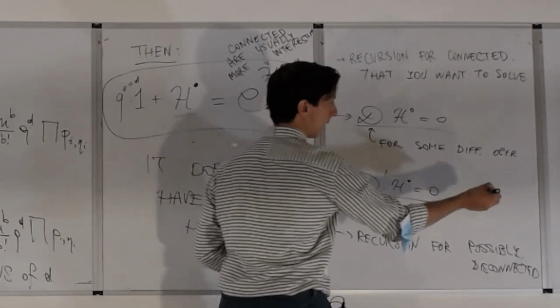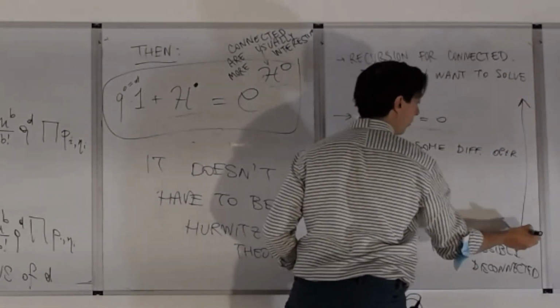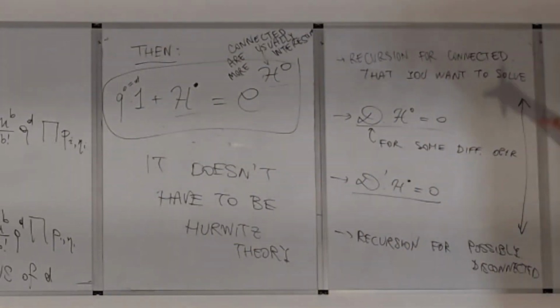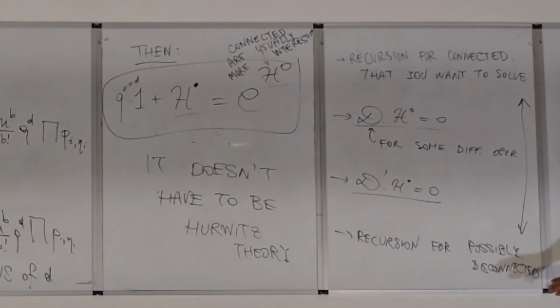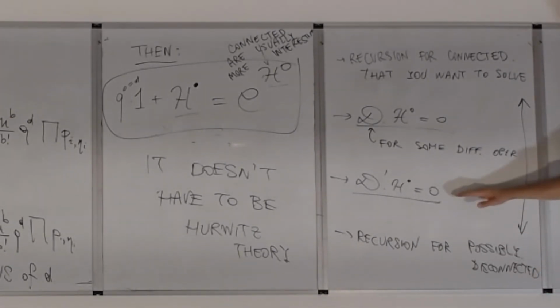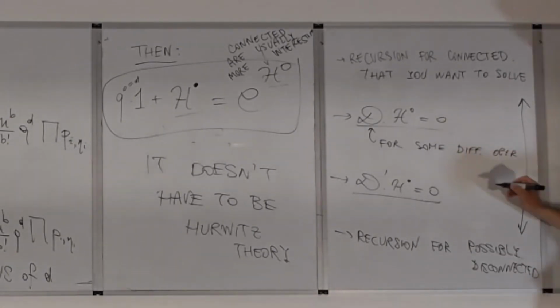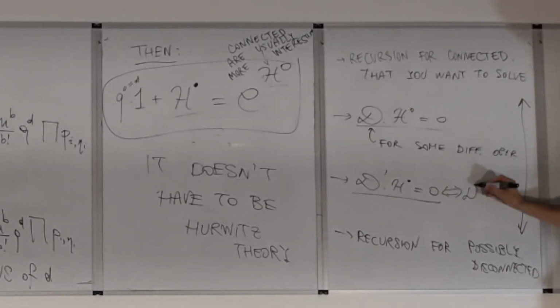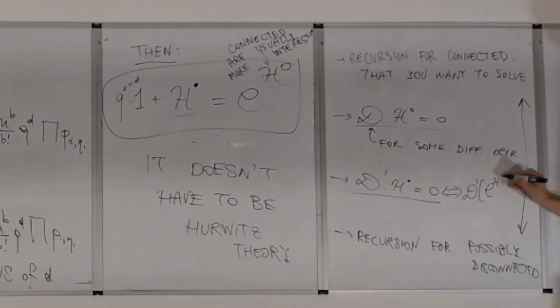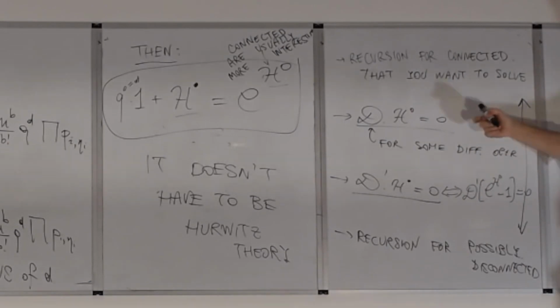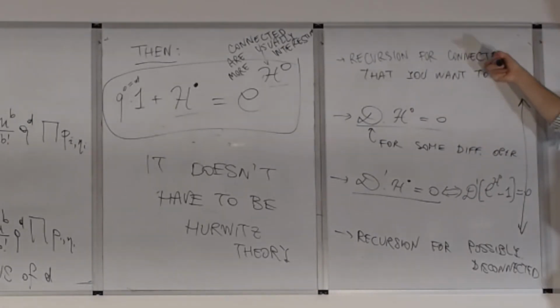But you can also go the other way around; you can use this kind of reasoning both ways. Usually what you want is a recursion for the connected one, but this one is easier to get. So you start from here, then you get a differential operator annihilating that. Then you write this as D prime applied to exponent of h0 minus 1 equal to 0, right? And now you get this. And from here you get this, and now you're happy.